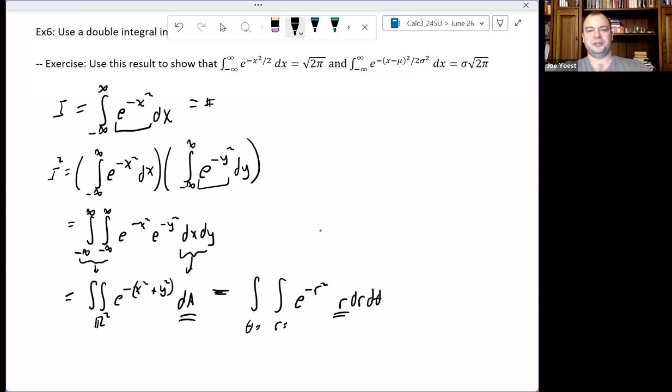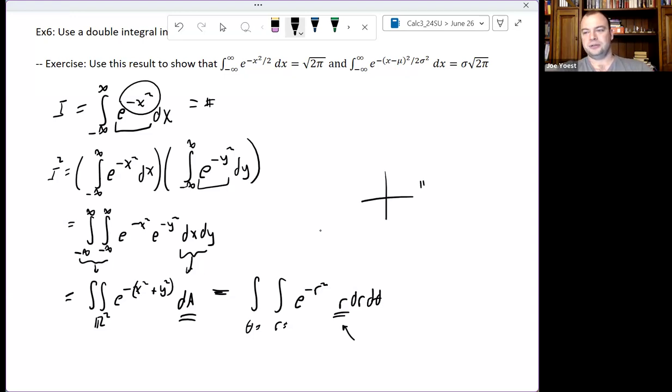I couldn't do a substitution up here because I want to do something like u equals x squared, but du then looks like x dx, and I don't have another x down here that I can borrow for that du. That's not there. But I do have this extra variable factor here that I can borrow to make a du now.